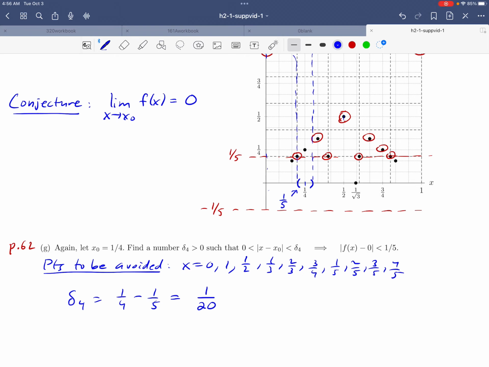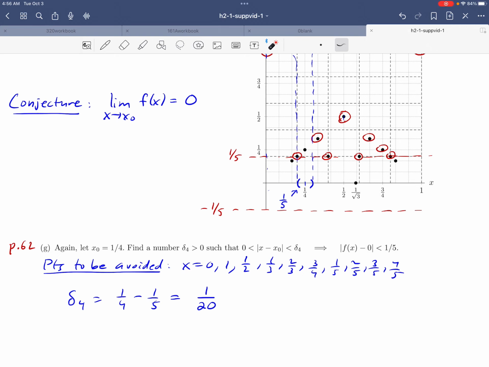So in a nutshell, what we've proven is if we choose delta 4 equal to 1/20, then any x value that satisfies this statement right here, visually that's going to be between the two blue dotted lines, is going to also satisfy this statement. All of the output values are going to be between -1/5 and 1/5. And the idea is if we were to continue this and take numbers smaller than 1/5, maybe 1/6 or 1/7 or 1/8, we can go as small as we want to.